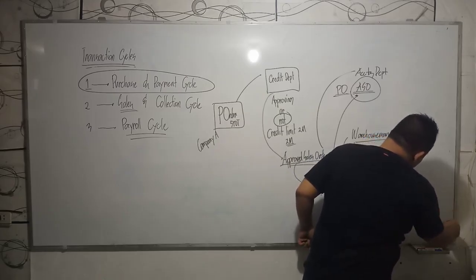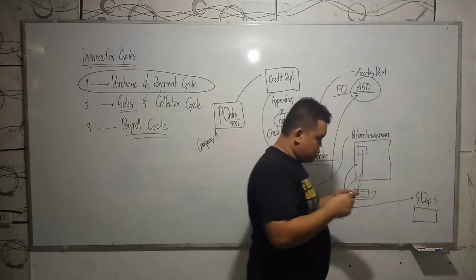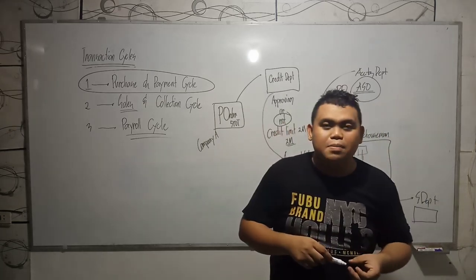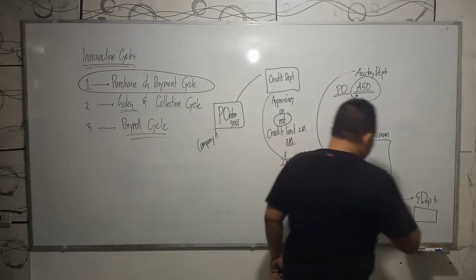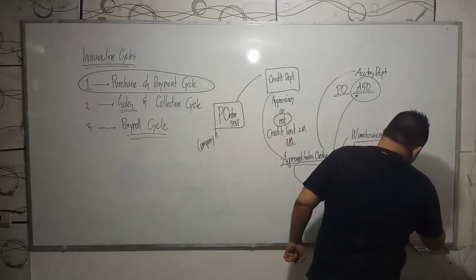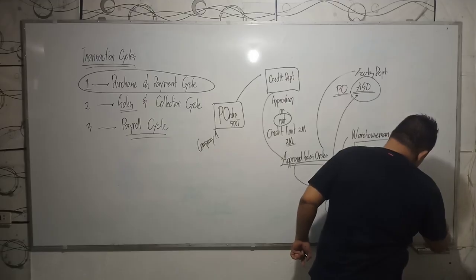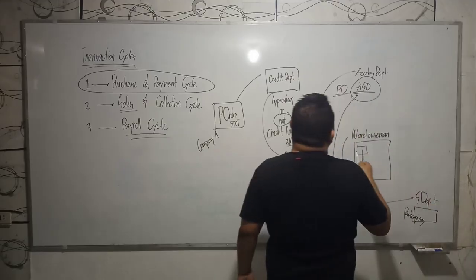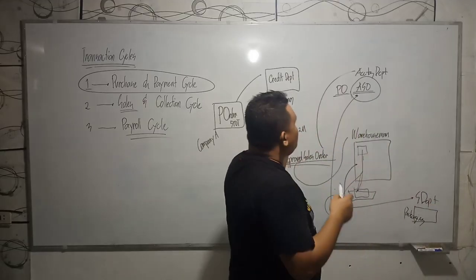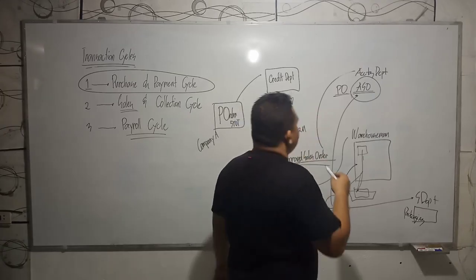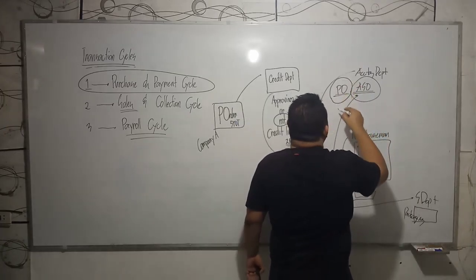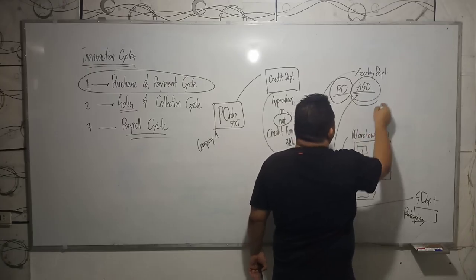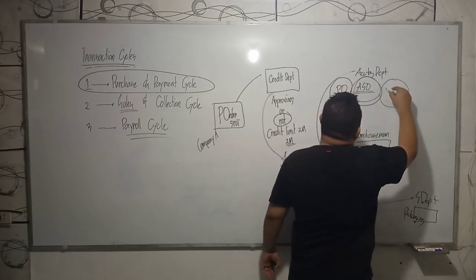So the shipping department will now secure the items, like make a good packaging. Shipping and packaging. Of course, the shipping department will also wait for the accounting department. Why? Because the accounting department shall look at the details in the PO, the approved sales order, and the warehouse report.